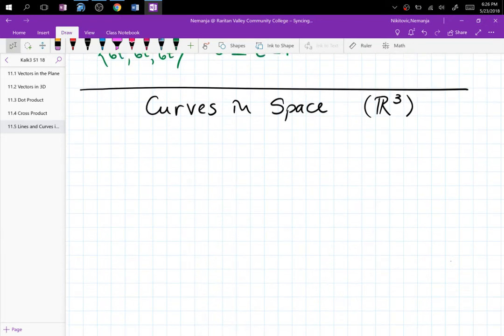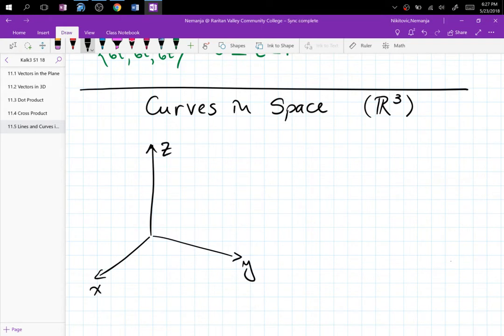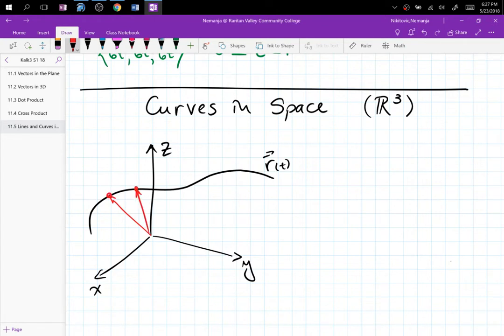We already understood from the previous part that your vector valued function r of t is going to be determined by these vectors, because it is a vector valued function.